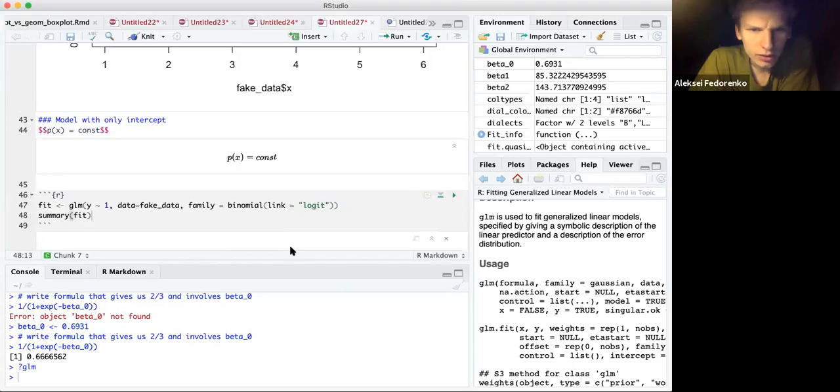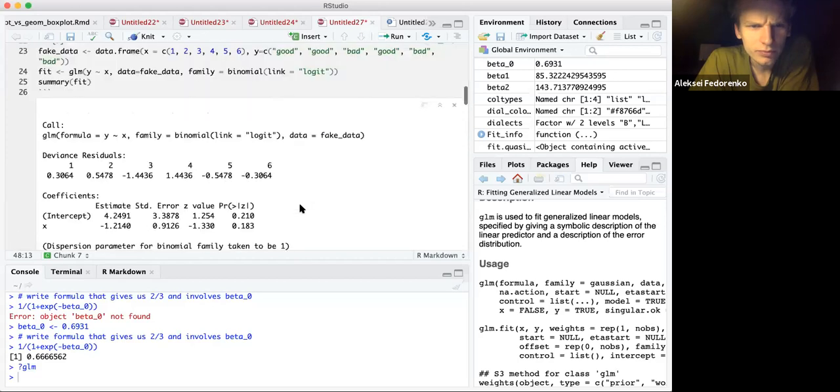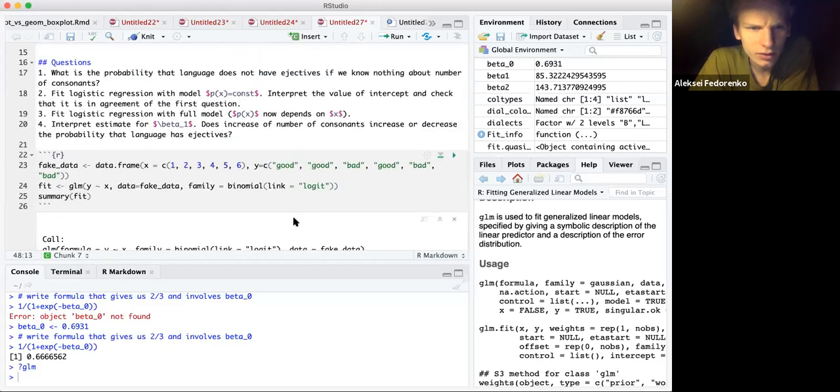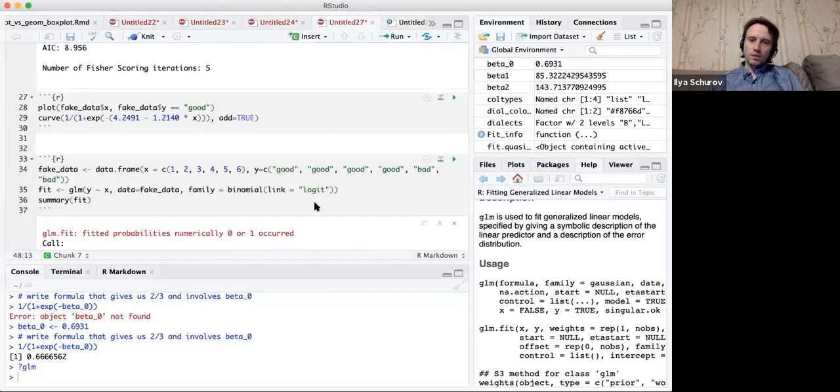Y is like good, bad, and X. This was probably the first example, and this is the second example that we studied.